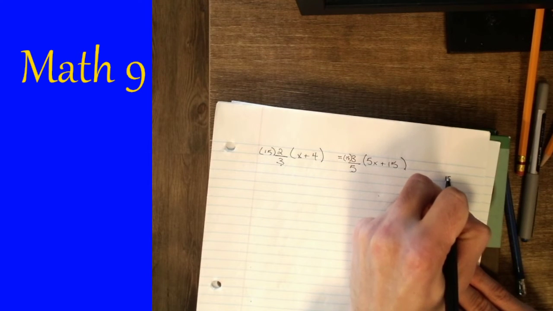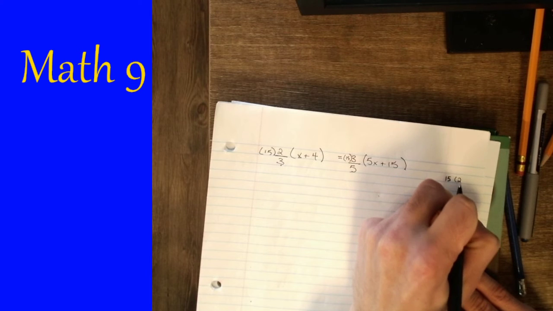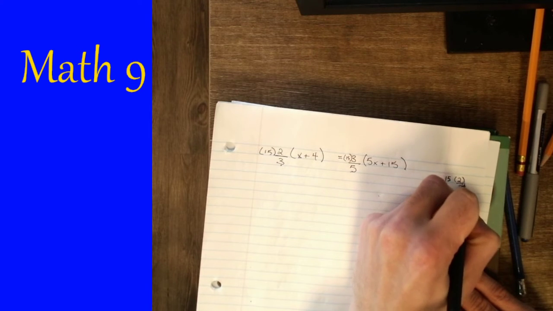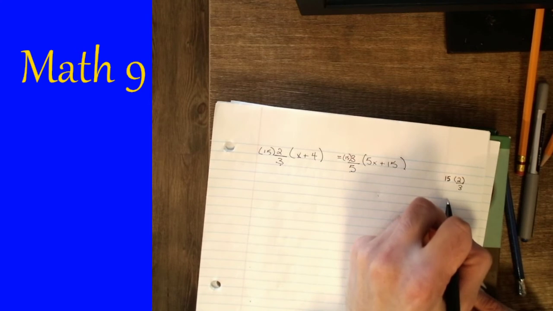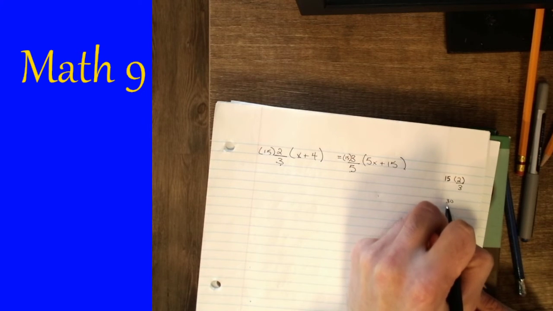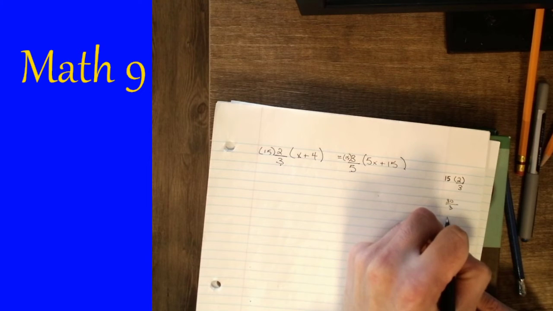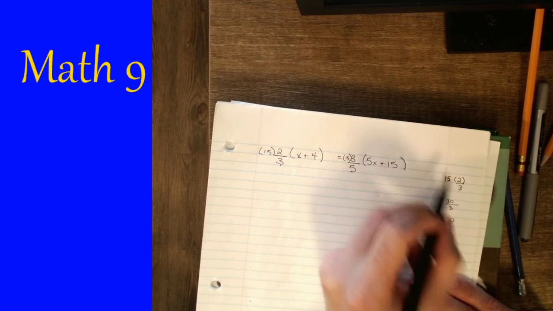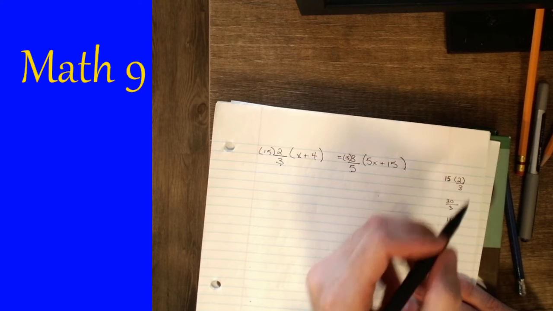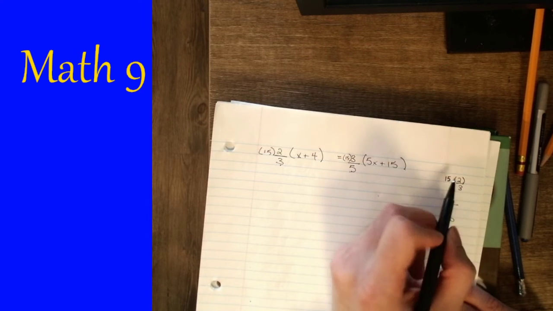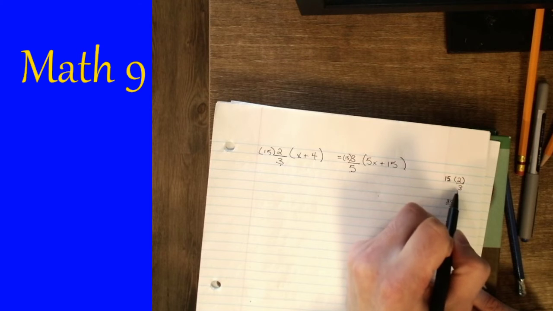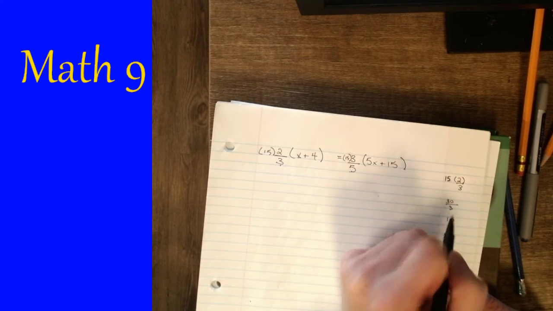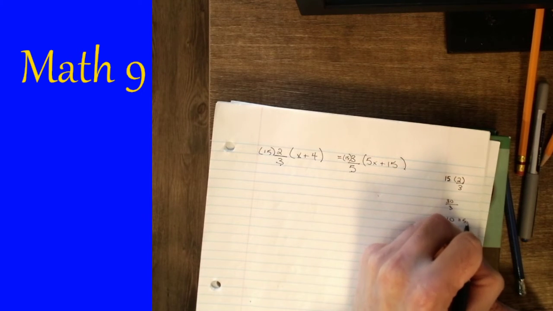So I'll put a 15 multiplied by 2 over 3 here, and we'll work this through. So what's 15 times 2? That's 30. 30 divided by 3, that's 10. So that's one way you can think about it. Actually, my brain does it a little bit differently. 15 divided by 3, that's 5, and 5 times 2 is the 10 that we get.